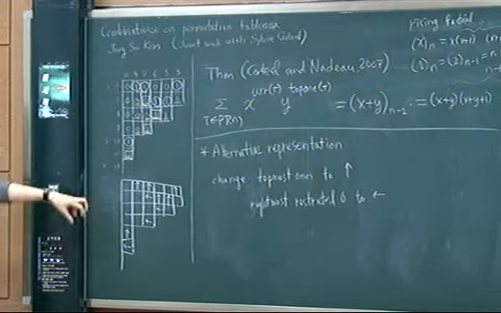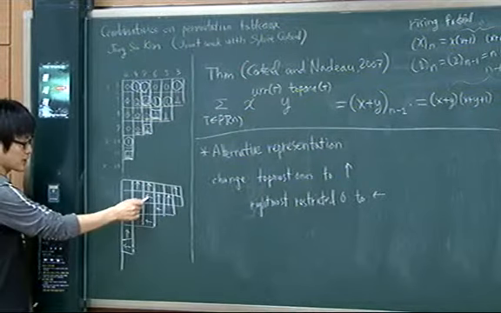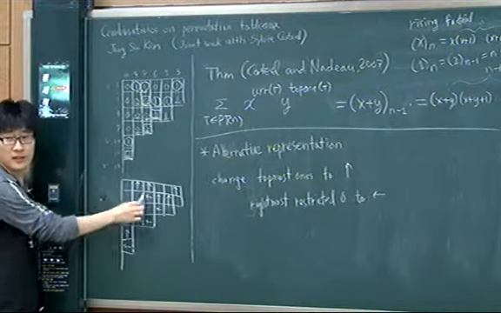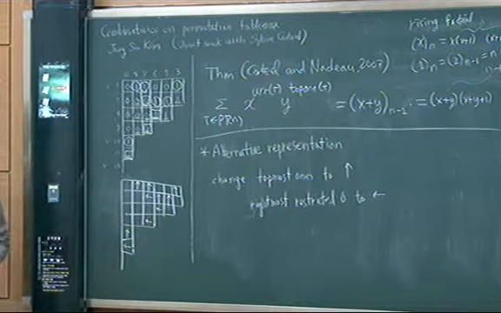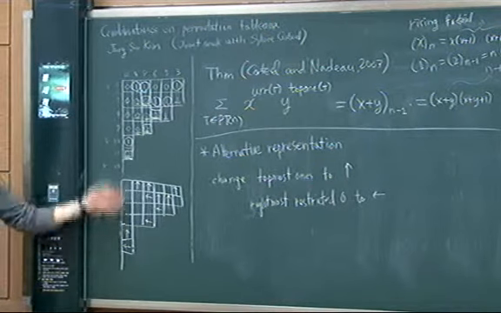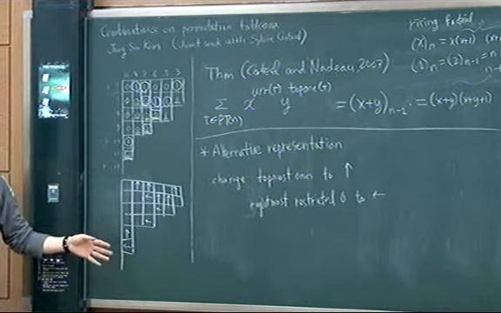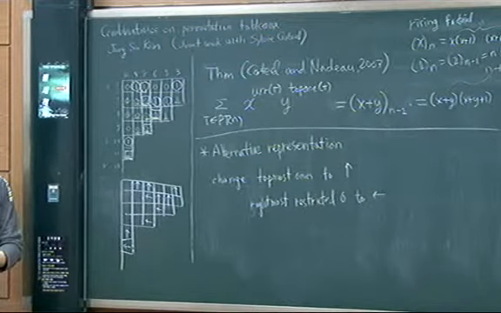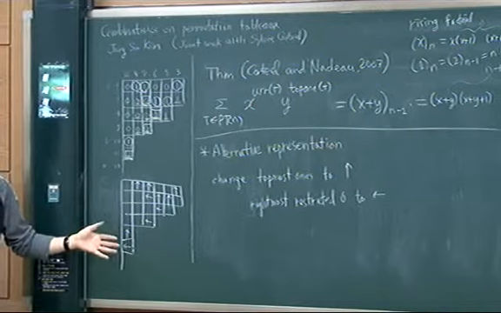This is another representation. Do you see any property of this diagram? There is no arrow pointing to another arrow. If you have this arrow, it points to nothing. And each column has exactly one up arrow. Those two are the only conditions for this alternative representation.